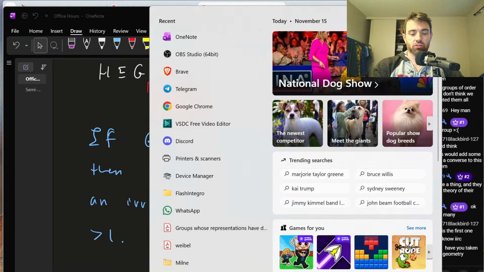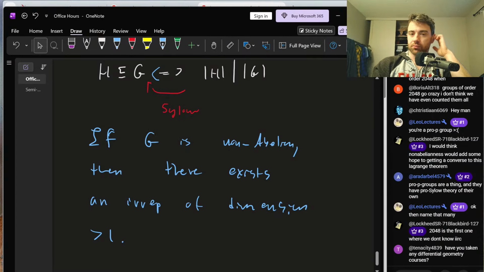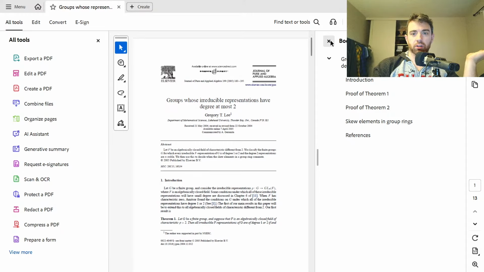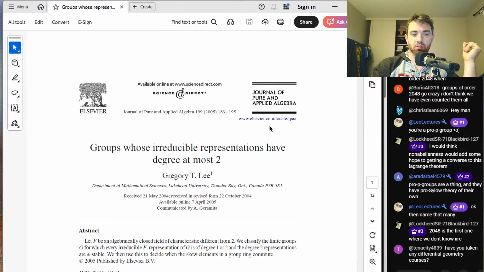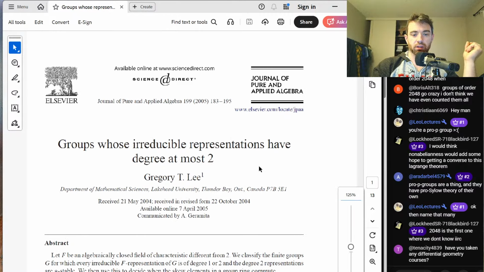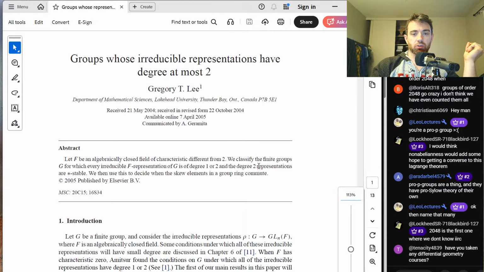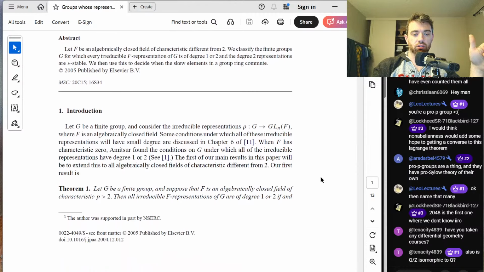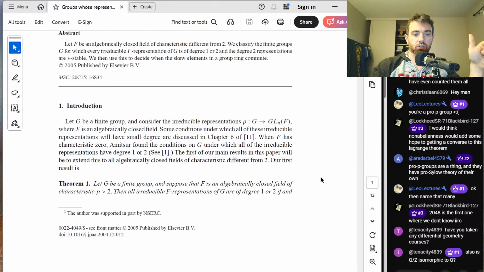Let's also... Yeah, so here is also a paper I'm looking at for other reasons, for secret, possibly research-related reasons. There is this paper here, groups whose irreducible representations have degree at most 2. Basically, there's also an extra condition. So not only is it representations of degree at most 2, well, here's a characterization.